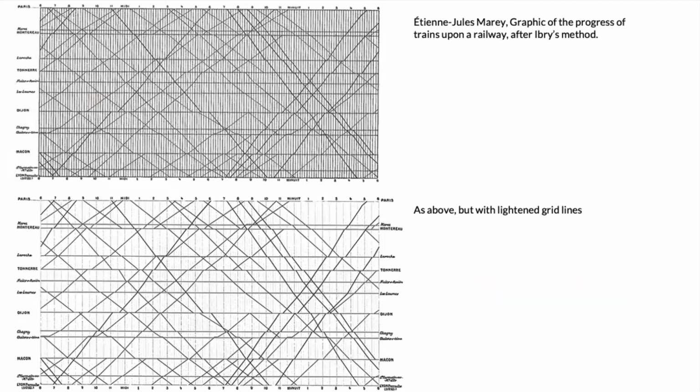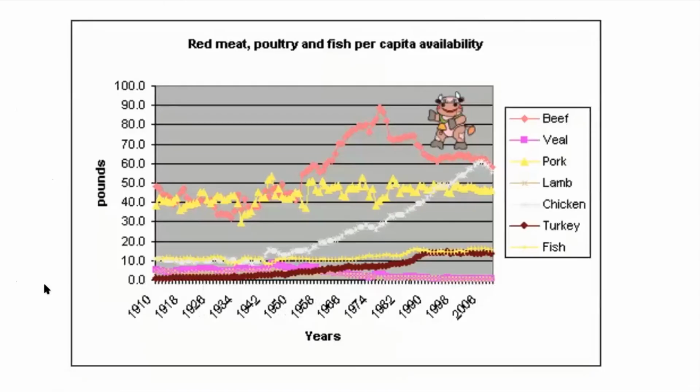So this is a great way of overviewing railway timetables. And again, if we compare these two, we don't need these heavy grid lines. It makes the whole thing very dark and draws away from what's important, which is the lines of the trains in this graphic.